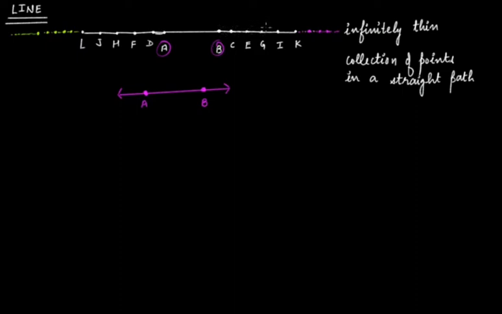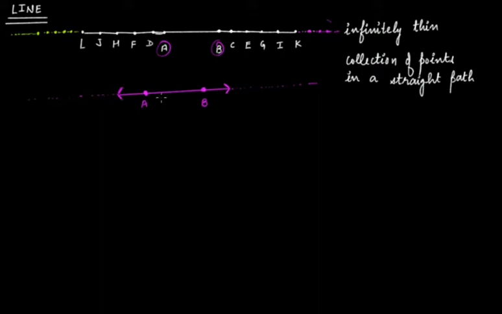That is, it will go on extending at this end, and it will go on extending at this end. That's why it's represented with two arrows. These arrows represent that it's infinite, it will go to an infinite end, and at this side also it will go to an infinite end. There is no limit or boundary to these lines.